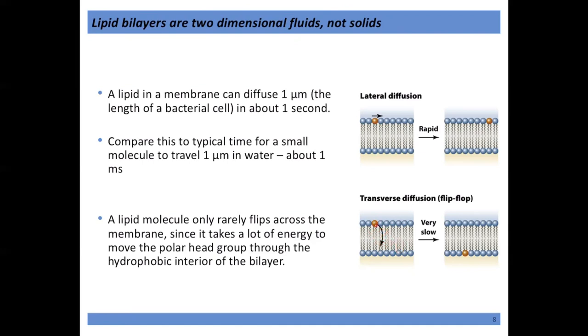And so there's a big energy penalty to take something that is polar, put it into the interior of this non-polar region, and try to get it to come out the other side. So that's very slow. So hold that in the back of your mind, and we'll see some experiments and some other interesting features of real biological membranes that depend on this lateral diffusion and this slow transverse diffusion.